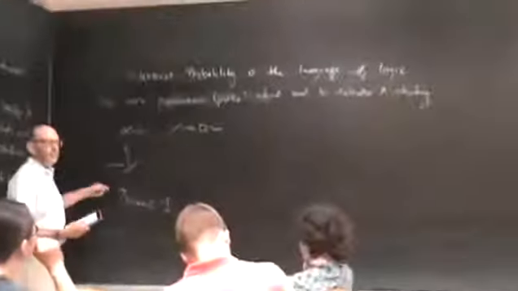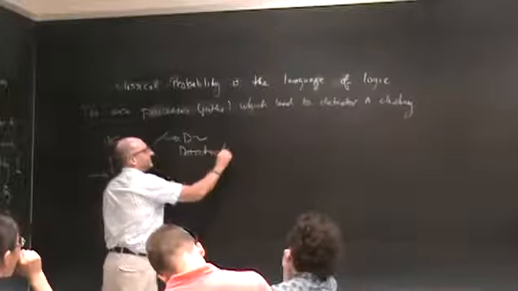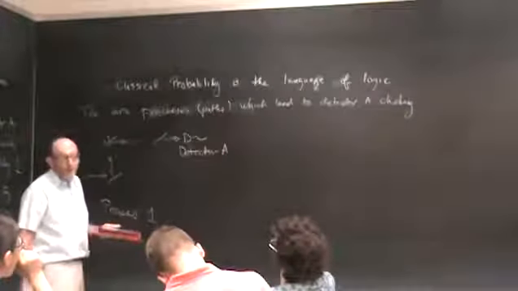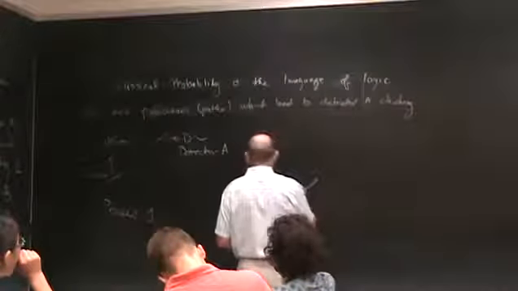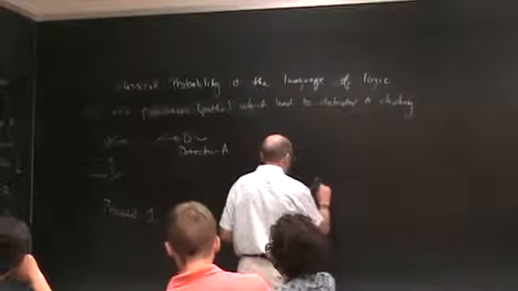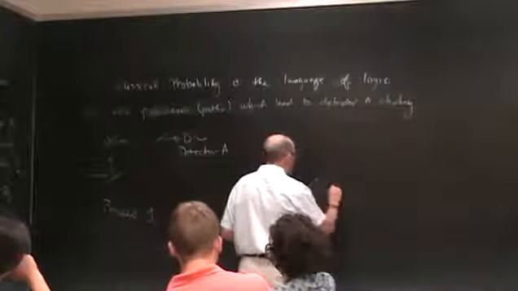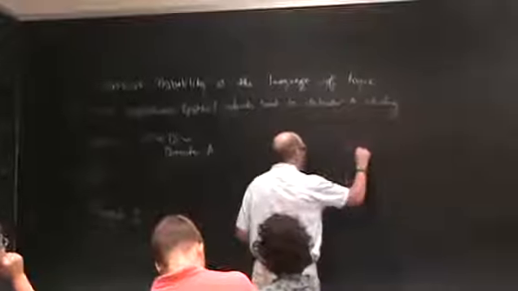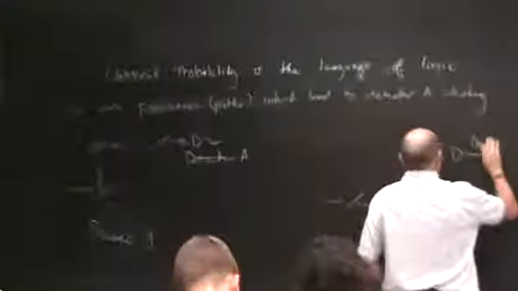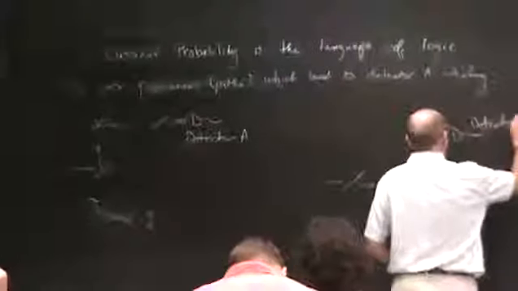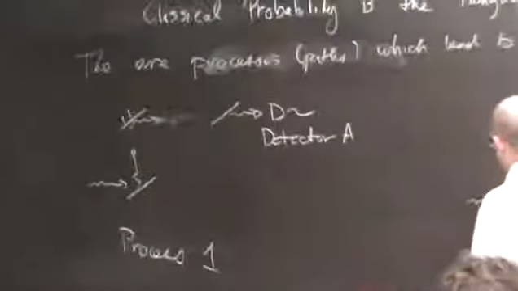That's one possible process that could lead to a click on detector A. Alternatively, it could be the case that the photon was transmitted at the beam splitter, got reflected at this mirror, came up, and then was reflected, and then got to the detector. We'll call this process 2.